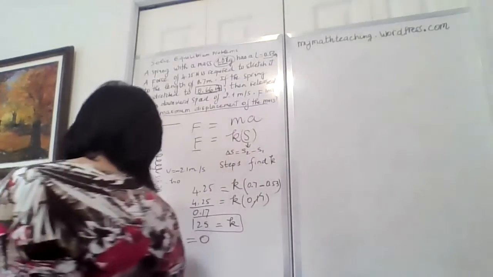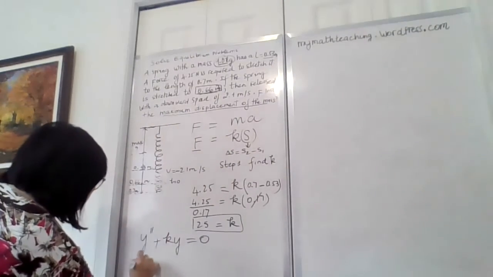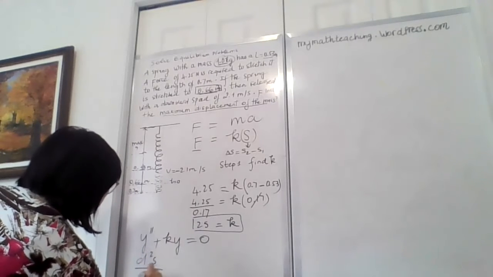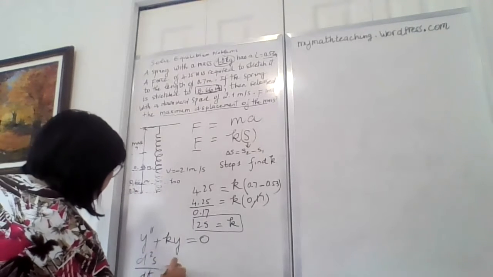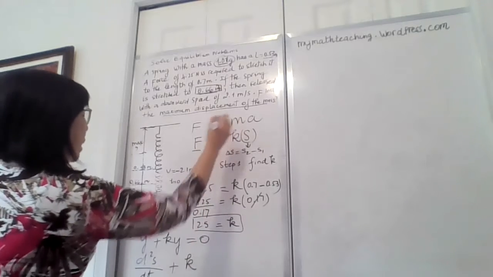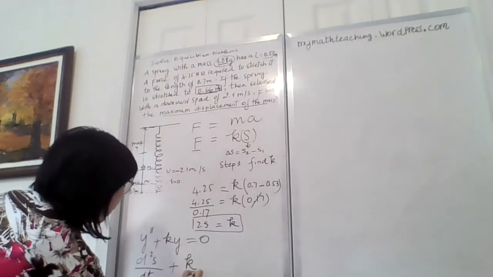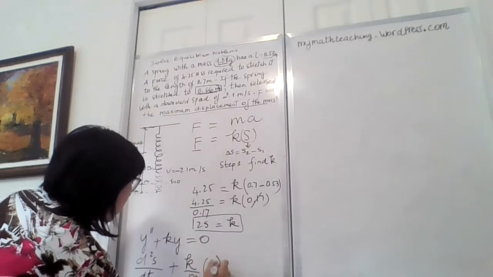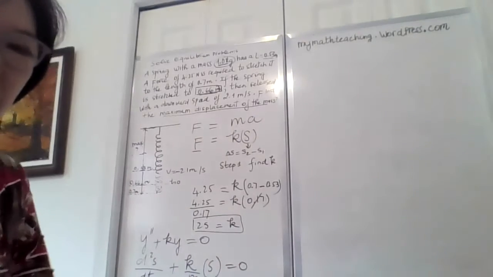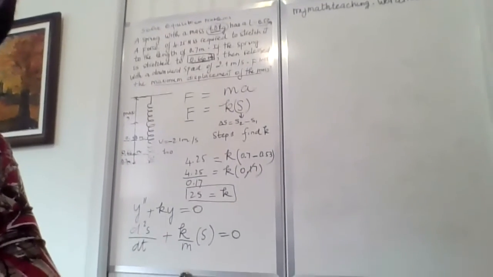So now we can write this as d squared s over dt squared, that's a derivative, adding k. However, we have to divide by the mass as well. So k over m times s equals 0. So we're going to substitute into this equation.